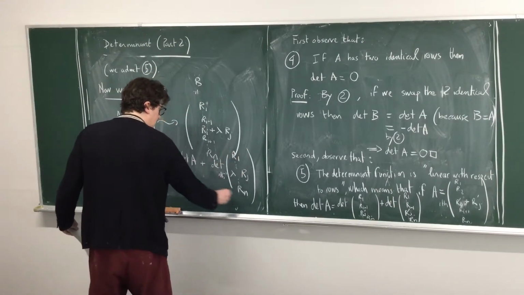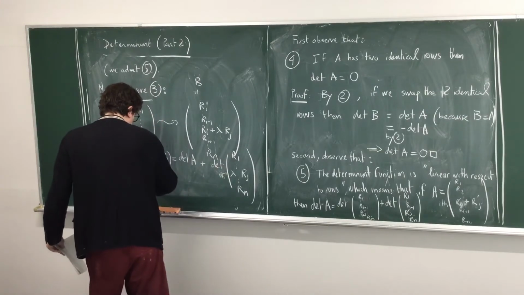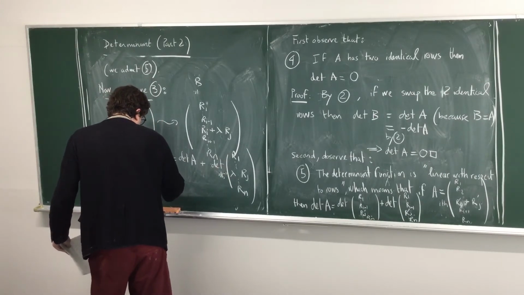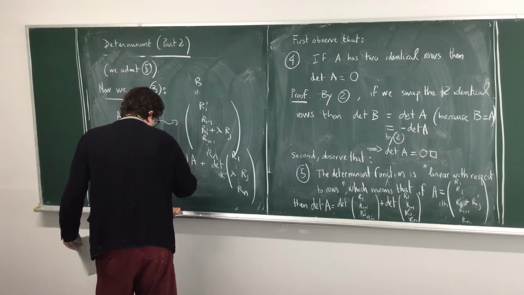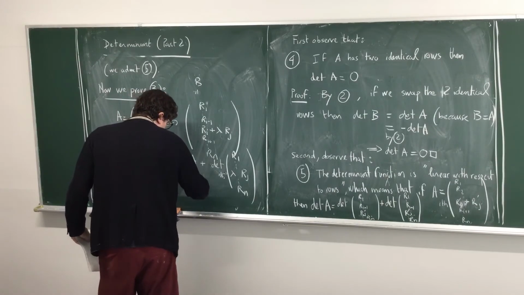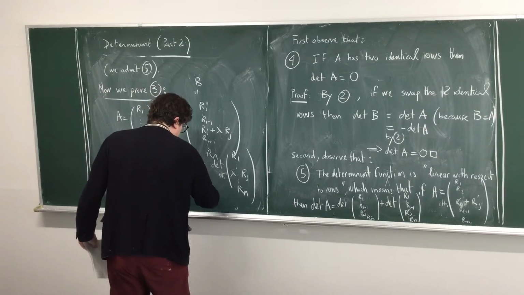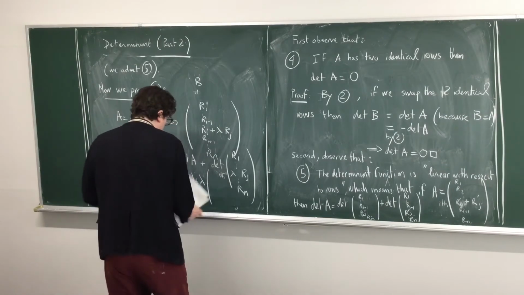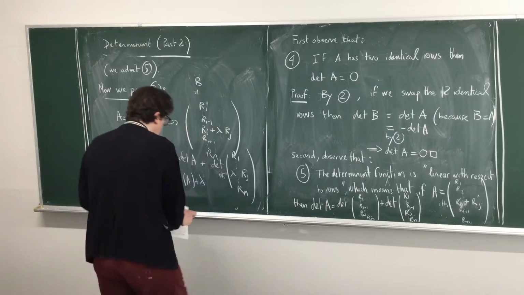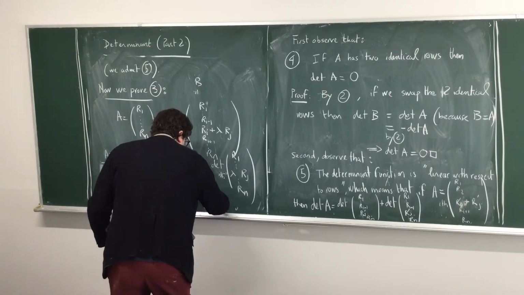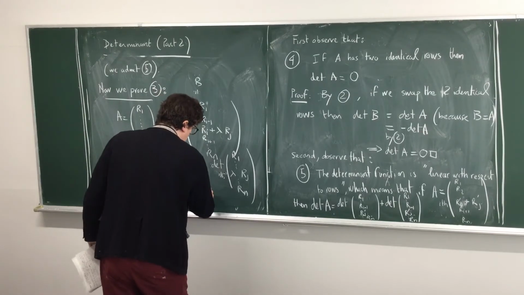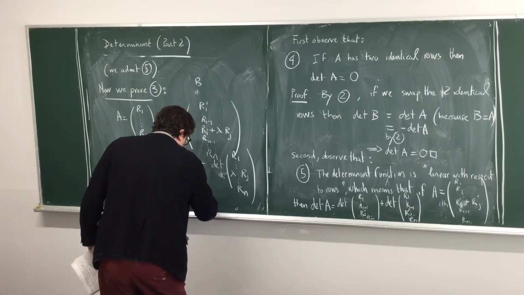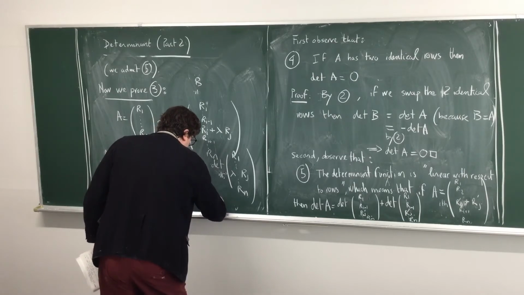So this is equal to the determinant of A plus lambda times the determinant of a matrix which will have as row, in position i, row j, but again in position j I will have row j, and the other rows I don't care.